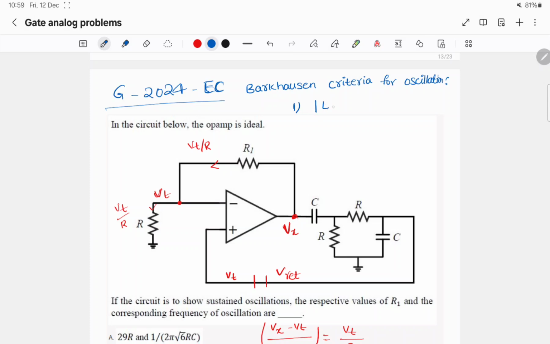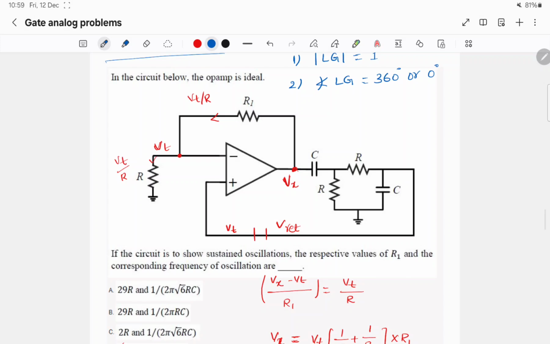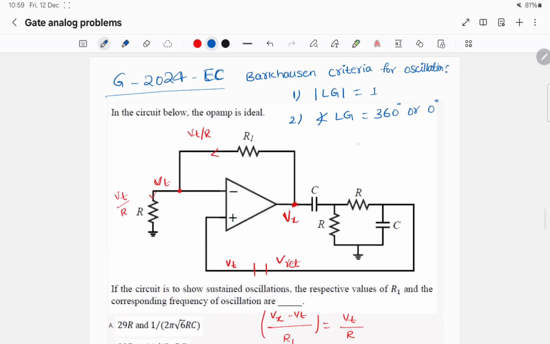One is magnitude of loop gain should be 1 and the angle of loop gain should be 360 degrees or 0 degrees. Loop gain is nothing but, let us say I have a feedback after the op amp, something like this.